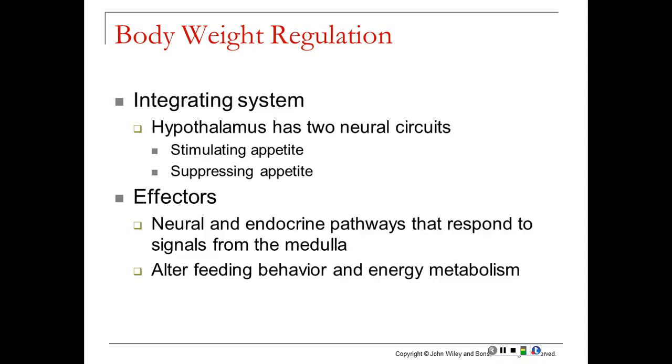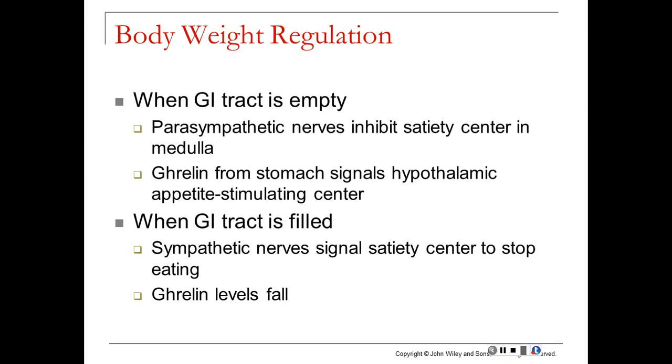There's also special integrating systems within the hypothalamus, stimulating and suppressing the appetite. The hypothalamus, of course, being the big relay between the endocrine and nervous systems. The various effectors, including the neural and endocrine pathways, respond to the signals from the medulla oblongata. They can alter our feeding behavior as well as our energy metabolism. When the GI tract is empty, our parasympathetic nerves are going to inhibit the satiety center within the medulla oblongata.